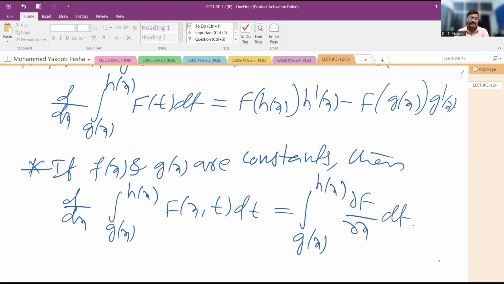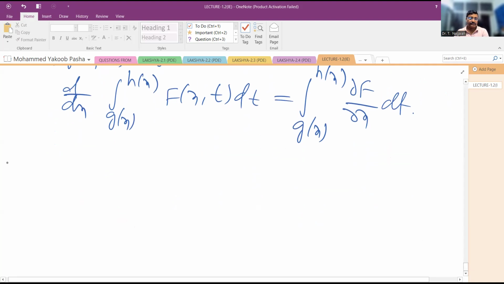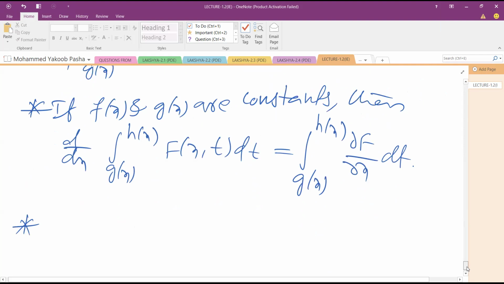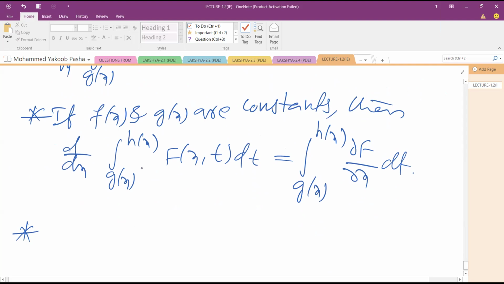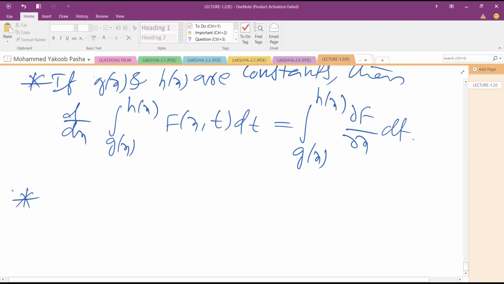Now I am taking one more formula, that is the integral. Here g of x and h of x are constants, right? Okay, I have written it as g of x and h of x. Now consider the integral from a to x, and so on.